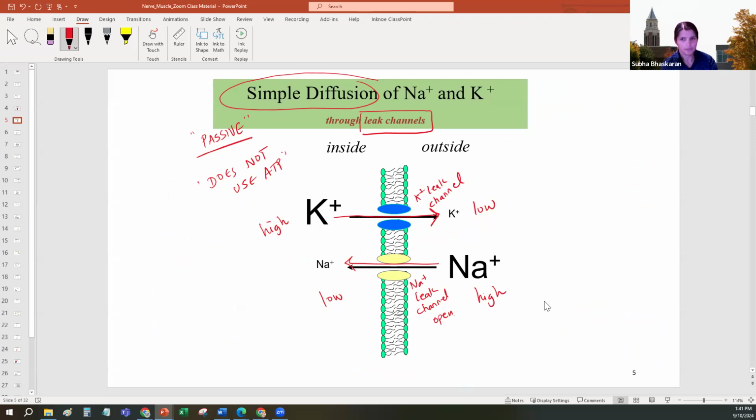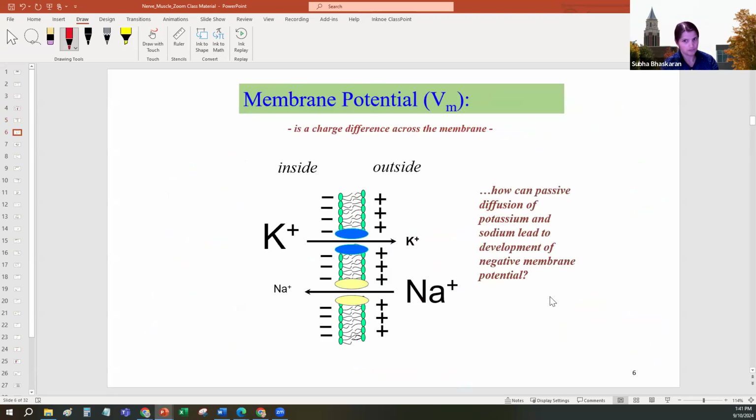Got it? Okay. Now moving on, membrane potential, a very, very important concept. It's a charge difference. This is where we bring in chemistry tying into physics, the concept of charges and potential. So knowing that K plus and Na plus all have charges, these are going to create some charges along the lipid bilayer.